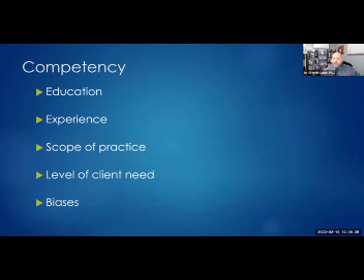It's experience. How experienced am I in utilizing some of these treatment modalities and some of the things that are found scientifically to work best with my substance abusing clients?